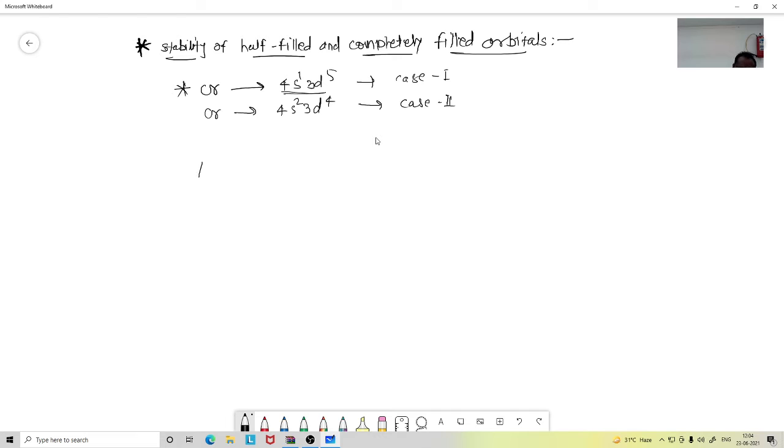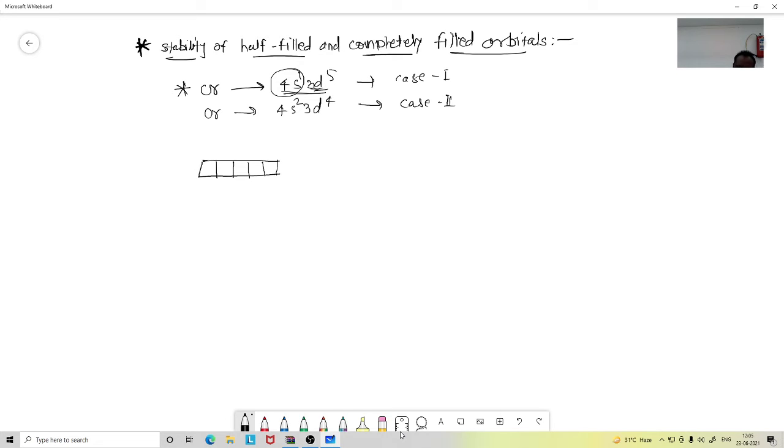We know that the 3d orbital has 5 sub-orbitals, that is, 5 degenerate energy levels. In 3d5, we are not talking about the 4s electron since its energy level is different.